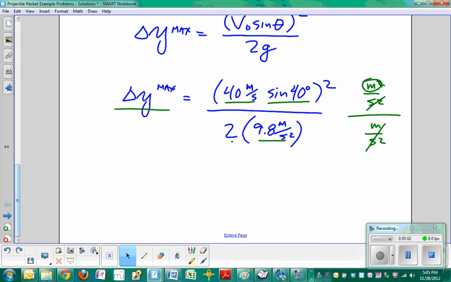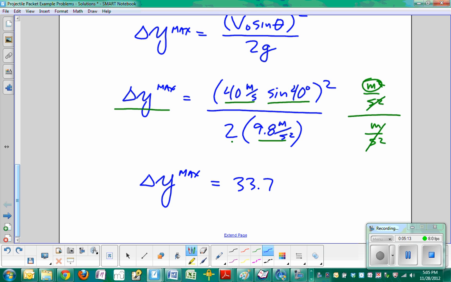Now we're going to plug in all of our numbers, and once we calculate everything, we end up with delta y max equal to 33.7 meters.